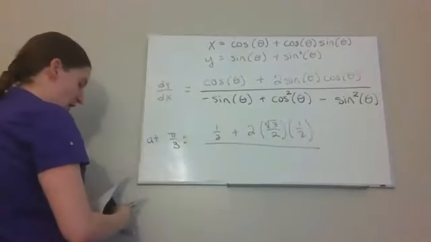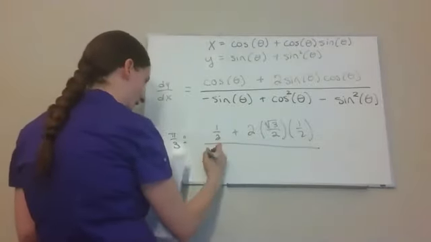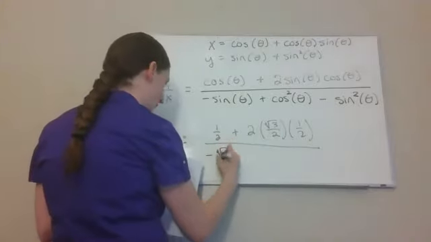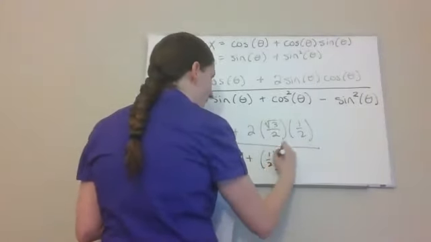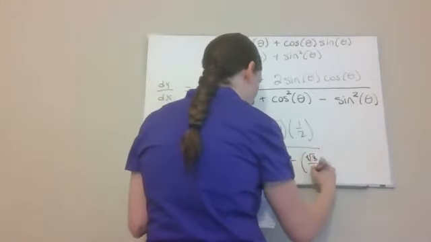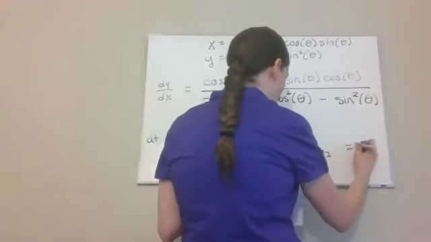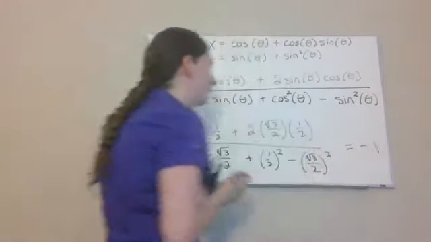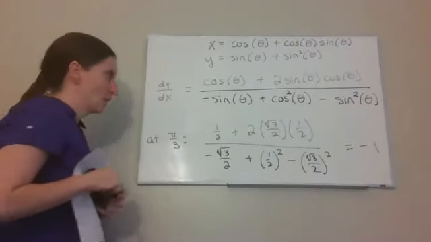And then for my denominator, negative sine of pi over 3 is a negative square root 3 over 2. And then here I get a 1/2 squared and a minus square root of 3 over 2 squared. And if you simplify this all the way out, you'll get a -1 for this slope of the tangent line.